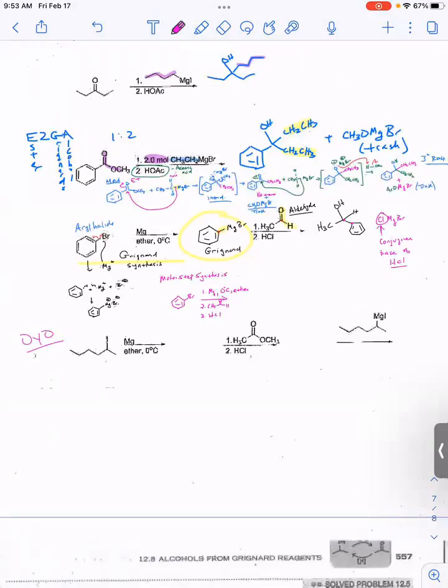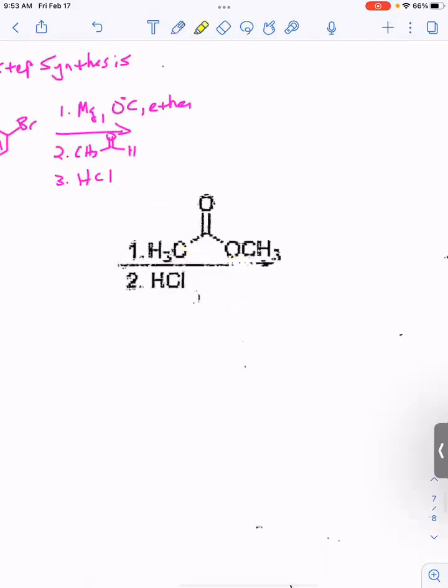If you look at the steps and the reagents, nothing is different. What functional group is this, so that you'll be aware of what's going to happen in that second step? It's an ester. Excellent.